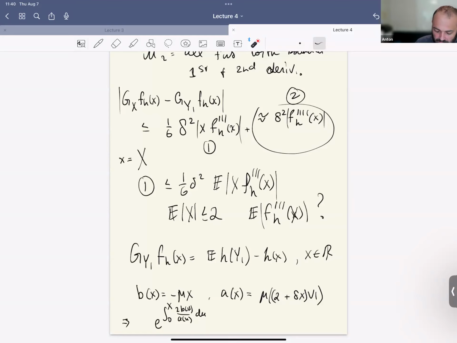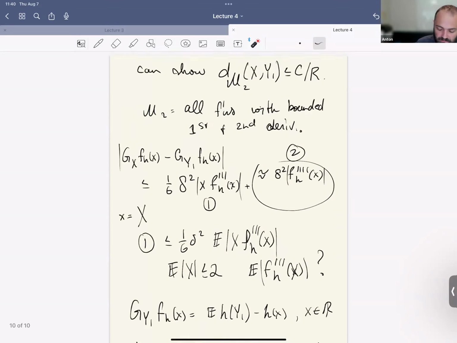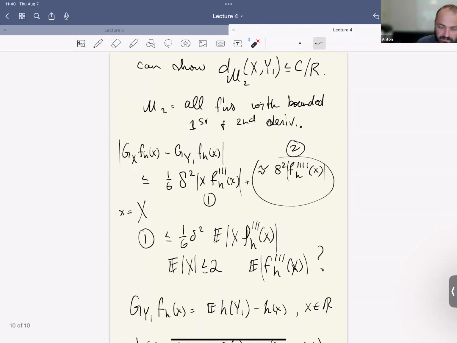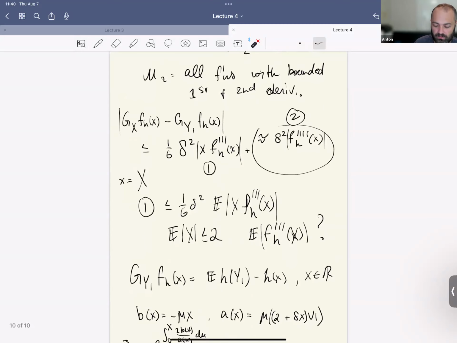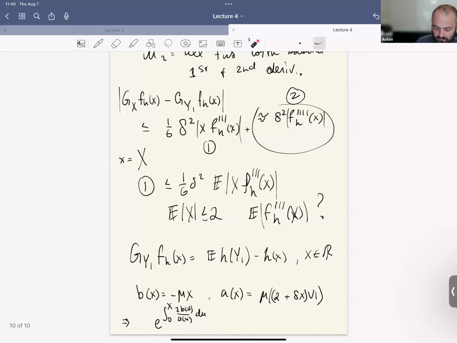But in the last 20 minutes I have today, I just want to extend this idea of higher order approximations a little bit. We were talking about the infinite server queue. We came up with a high order approximation. Anton outlined some argument that we can use to prove the thing rigorously.